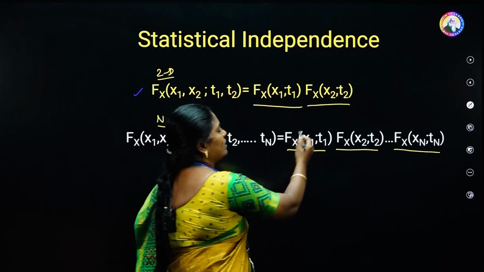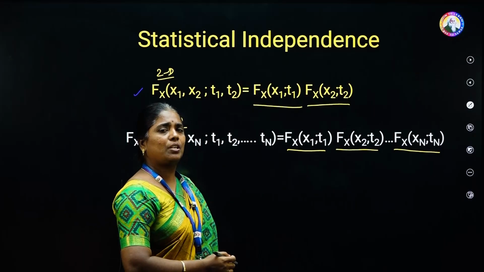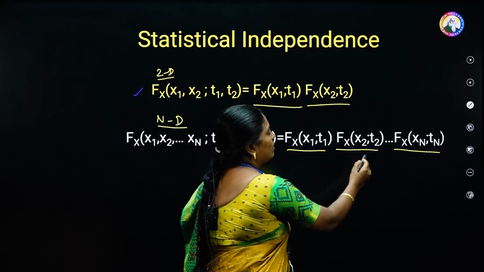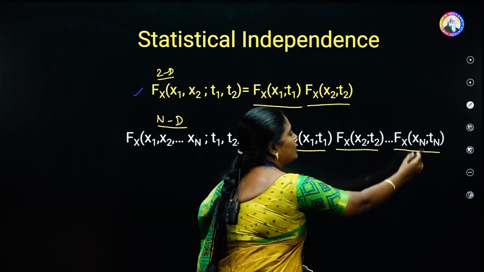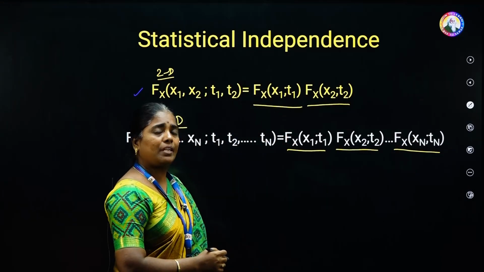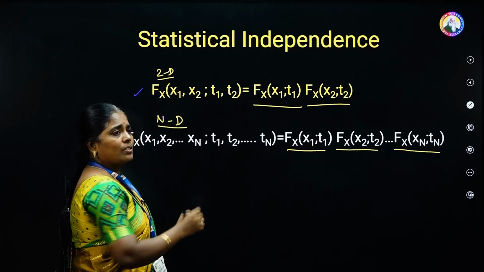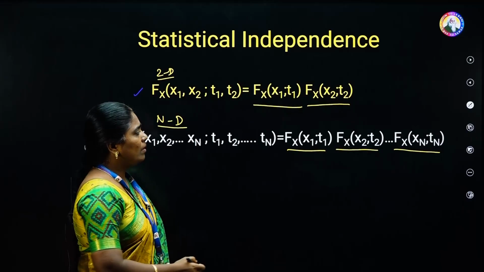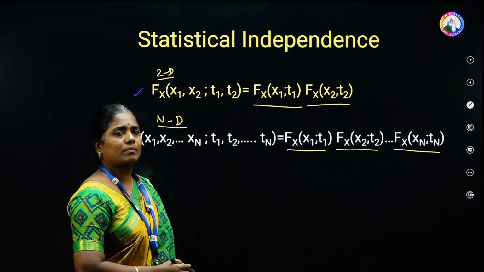Product of all these. This is the distribution function of the random process X(t1), this is the distribution function of X(t2), and this is for the case of X(tn). That means the nth order joint distribution function is equal to the product of individual distribution functions.